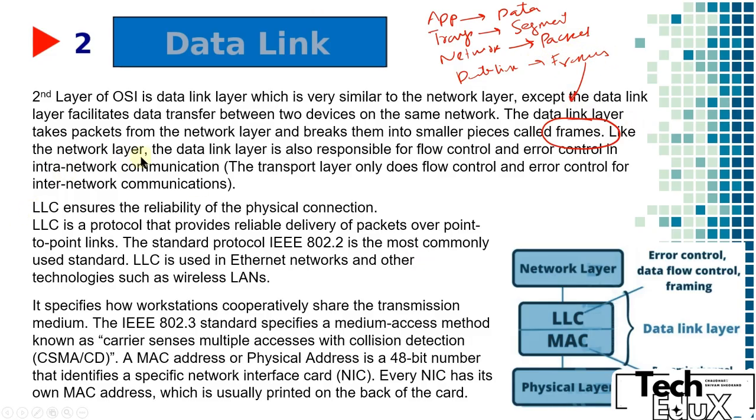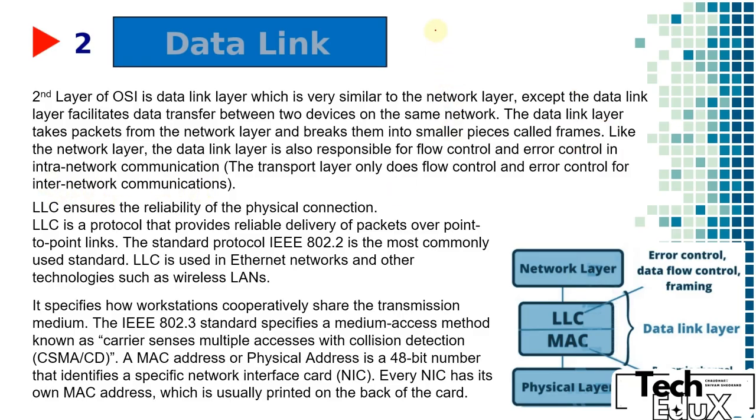Like the network layer, the data link layer is also responsible for flow control and error control. So flow control and error control also happen in this intra-network communication. The transport layer only does flow control and error control for inter-network communication. And you might want a very clear understanding of what is inter and what is intra. Intra is basically your local area network, LAN.